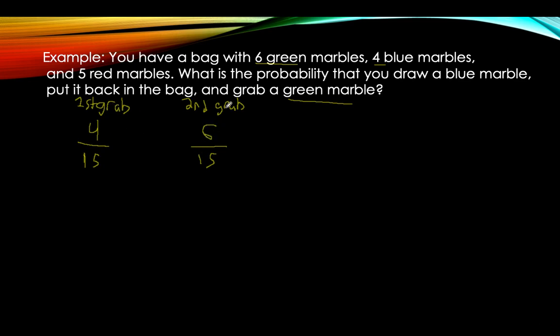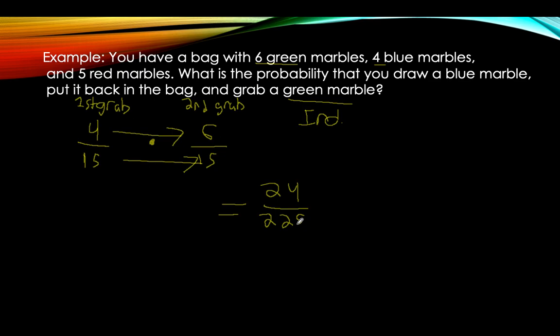And so we have two independent events, so we can just multiply their probabilities. So we have to multiply across, so we get 4 times 6, which is 24, and we get 15 times 15, which equals 225.